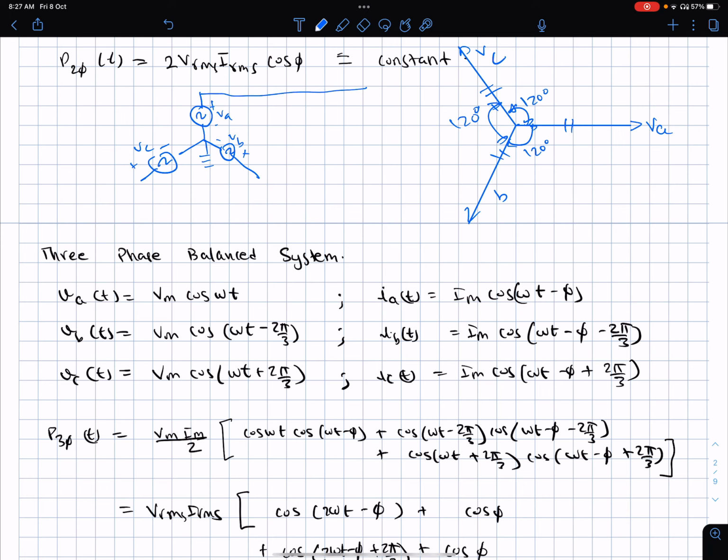And let's say that I connect it to a three-phase load, which is an impedance Z, which I am also connecting in star.